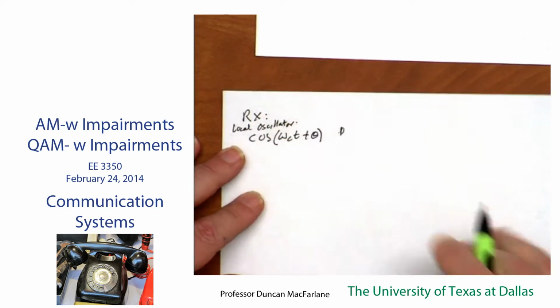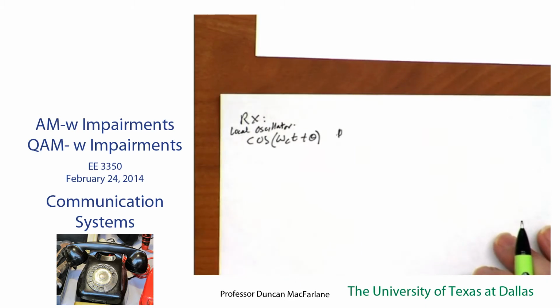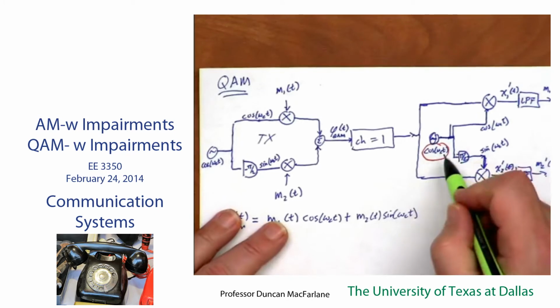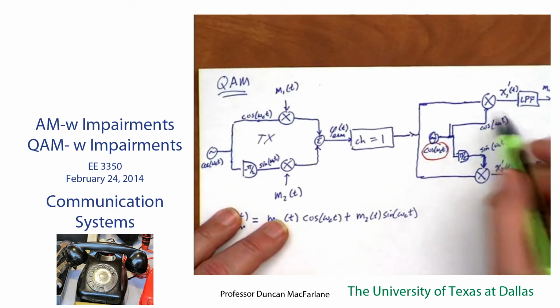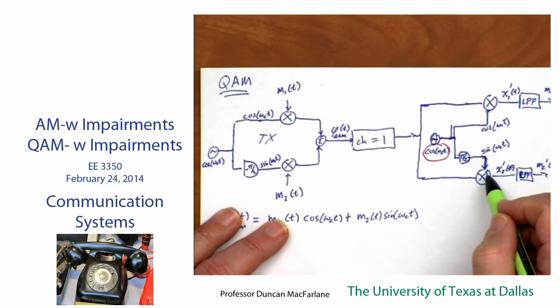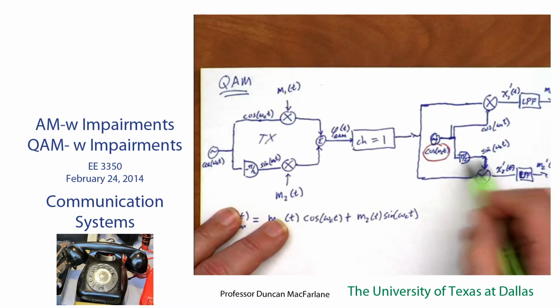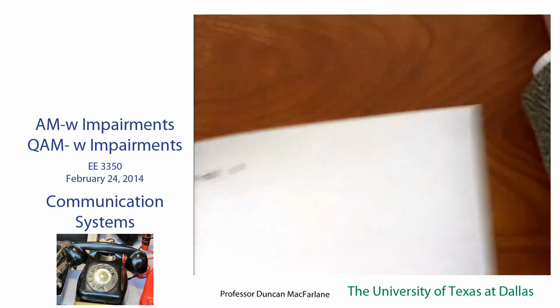If my local oscillator at my receiver is a cosine but is shifted over in phase, then there'll be a cosine shifted over in phase here, and a sine shifted over in phase there.